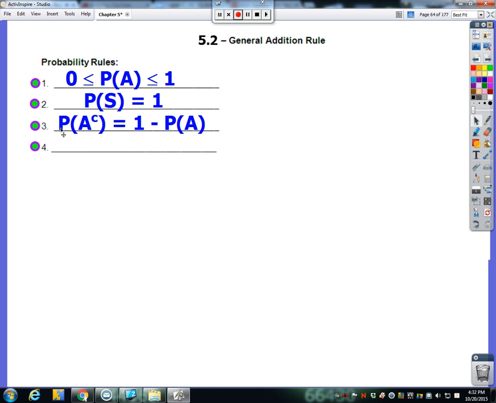So if we want to find the probability that an event does not happen, it's 1 minus the probability that it does happen. And the last one involved disjoint or mutually exclusive events, where there is no overlap between events A and B. If we wanted to know the probability that A or B happens, then we just add together those two separate events.